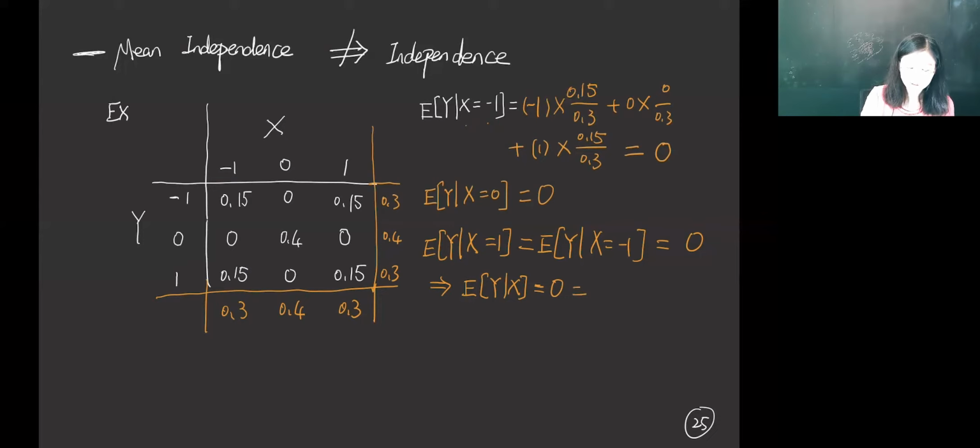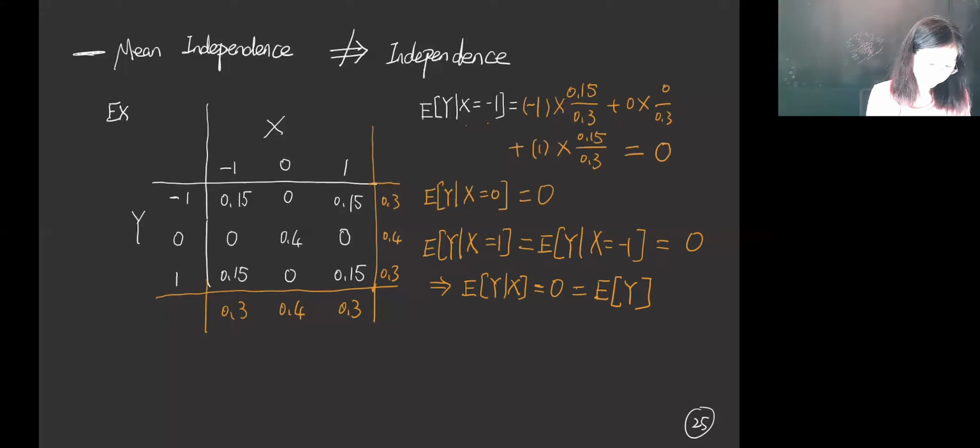And remember, by the law of iterated expectation, expectation of the conditional expectation equals the unconditional expectation. So that shows the mean independence of y on x. You can do the same thing and show that the x variable is also mean independent of y.